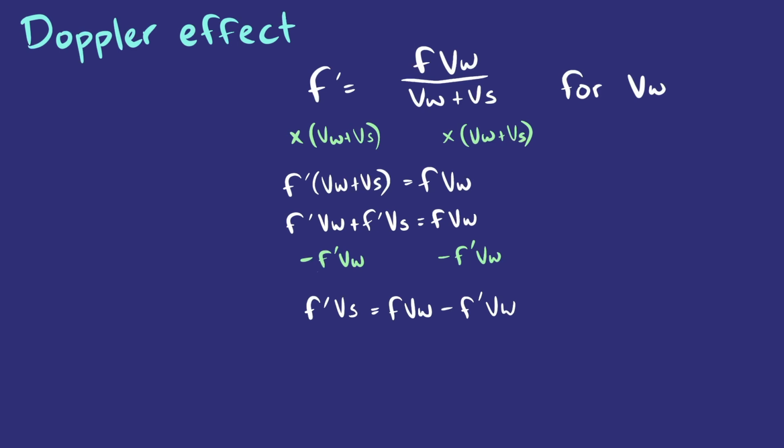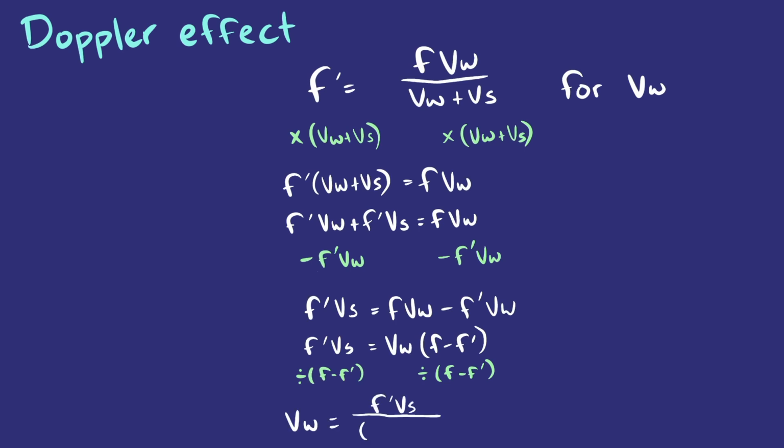Now to consolidate our VWs into one, I'm going to factorize the VW out. Our last step is just to divide both sides by our bracketed F minus F prime. And that gives us F prime Vs divided by F minus F prime.